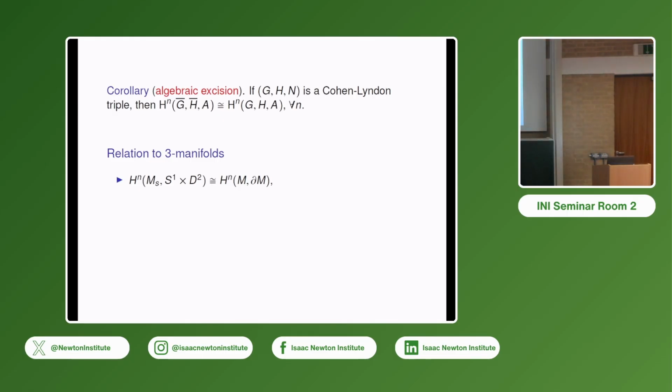And classical excision says that you have this isomorphism in cohomology, right? You just take out the solid torus, and this is just the excision axiom in topology.